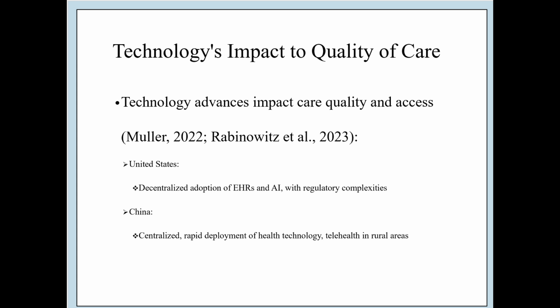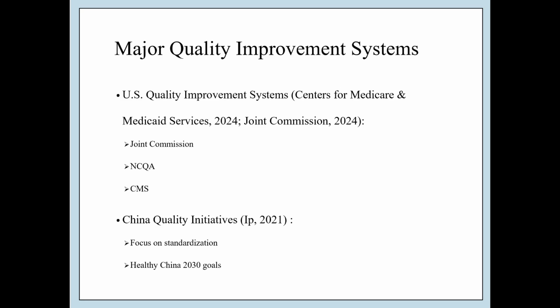With this being said, they have a better ability to deploy health technology, and they use telehealth in rural areas similar to how the U.S. has and will continue to do. Major quality improvement systems.